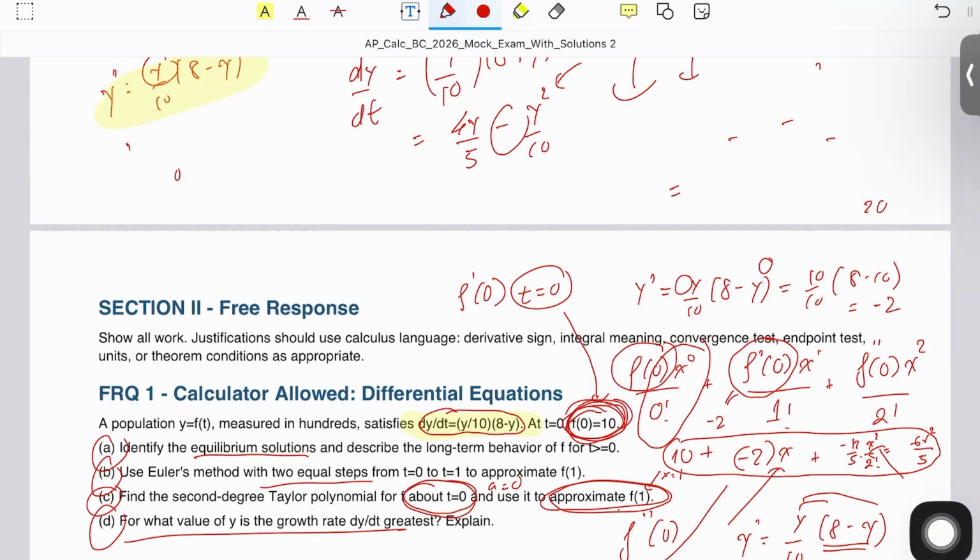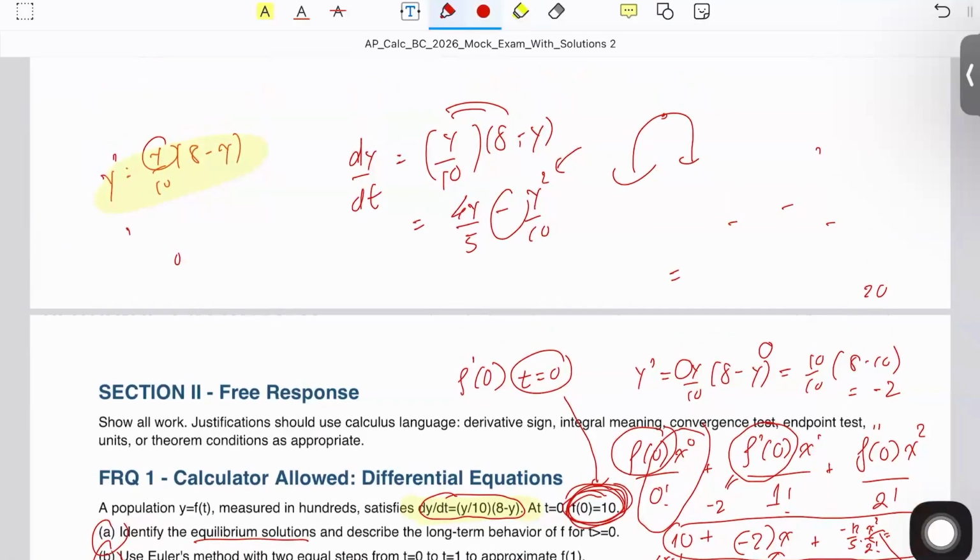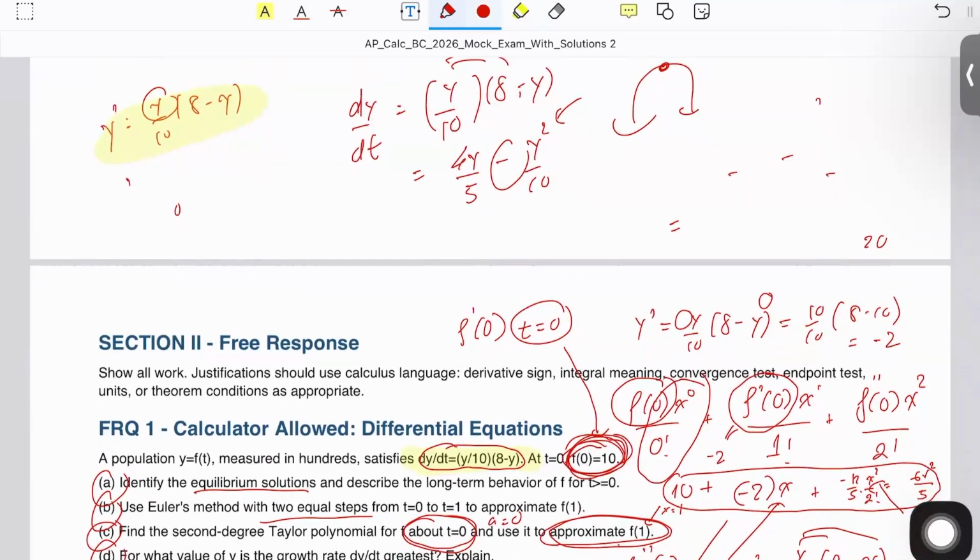that means you just talk about the derivative. So you find the derivative and set it equal to 0. Literally they ask you to find what point this is. The derivative of this guy is 4 over 5 minus 2y over 10.